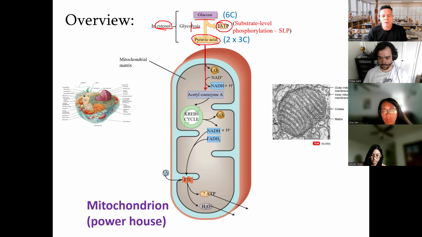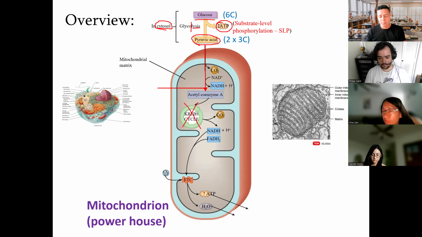And now this pyruvic acid, or the pyruvate, is going to go through different chemical pathways, different chemical reactions. One of them is a chemical reaction called the Krebs cycle. And you don't need to worry about this. Don't need to memorize this. What I do want you guys to understand is what is the result of this pyruvic acid going inside the mitochondria and then going through those chemical pathways.